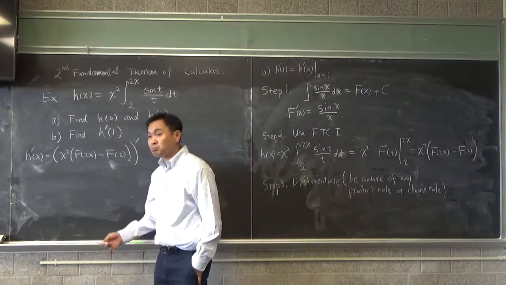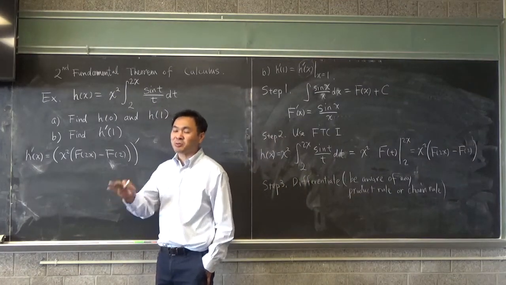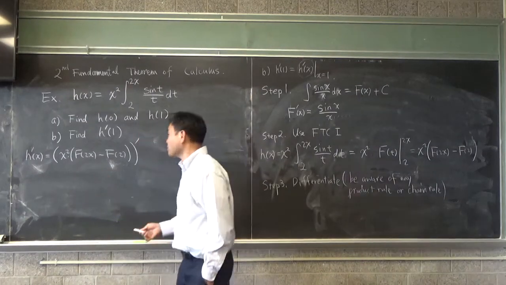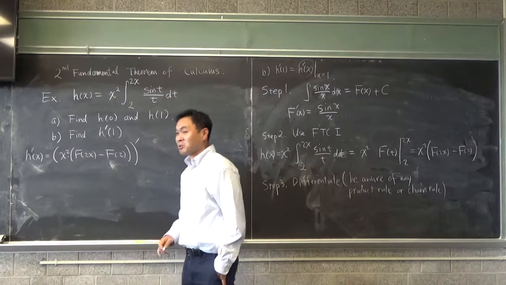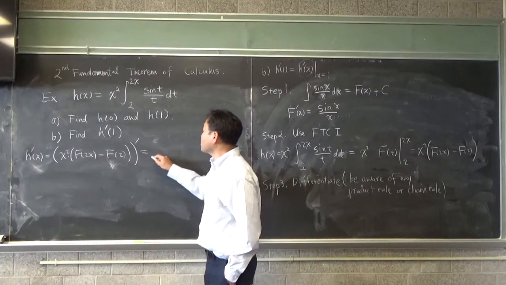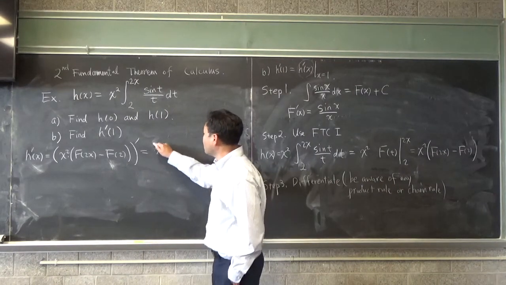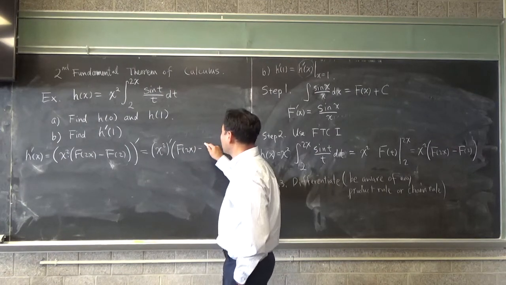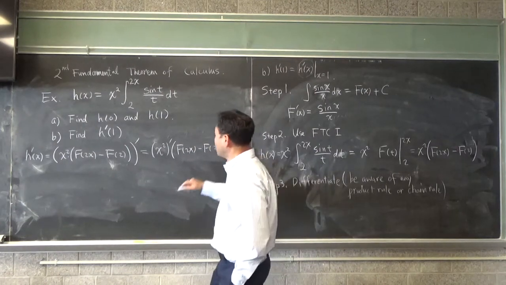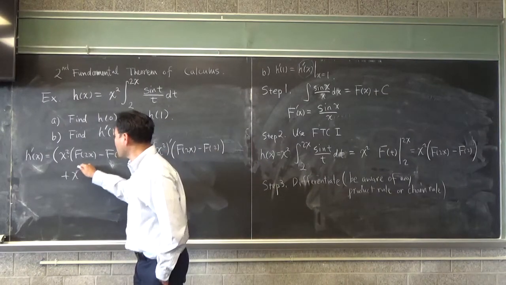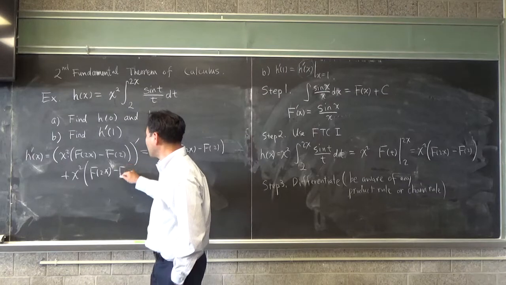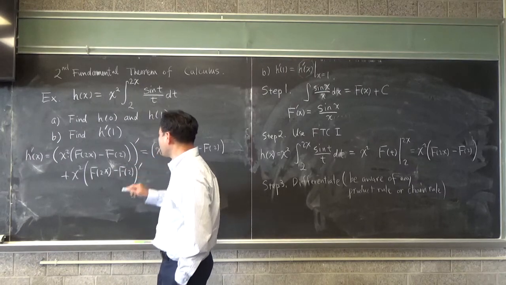Integration by parts? No, that's for integration. Chain rule? No, product rule. Oh, yeah, you use chain rule later, okay? So with the product rule, you have x squared prime times F of 2x minus F of 2, plus x squared times F of 2x minus F of 2 prime.